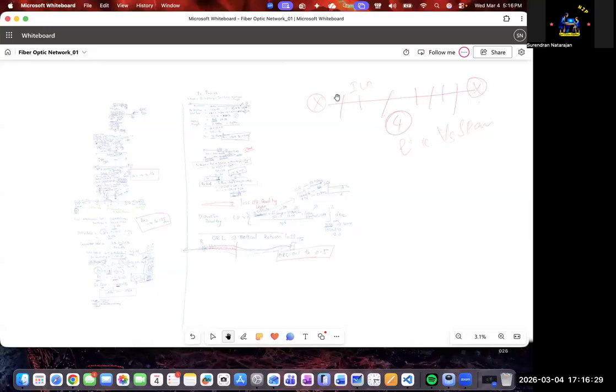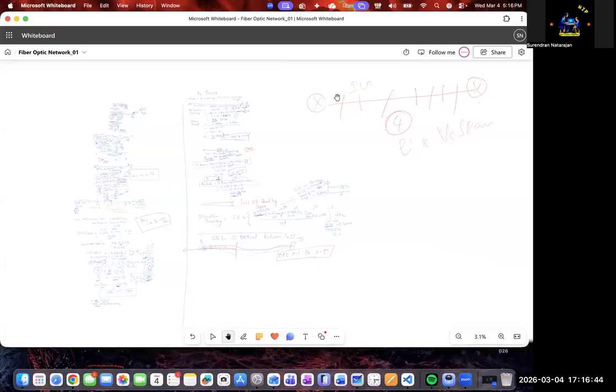Actually, here the overreach concept is there. Unnecessarily, they don't want to push more power into any communication device.